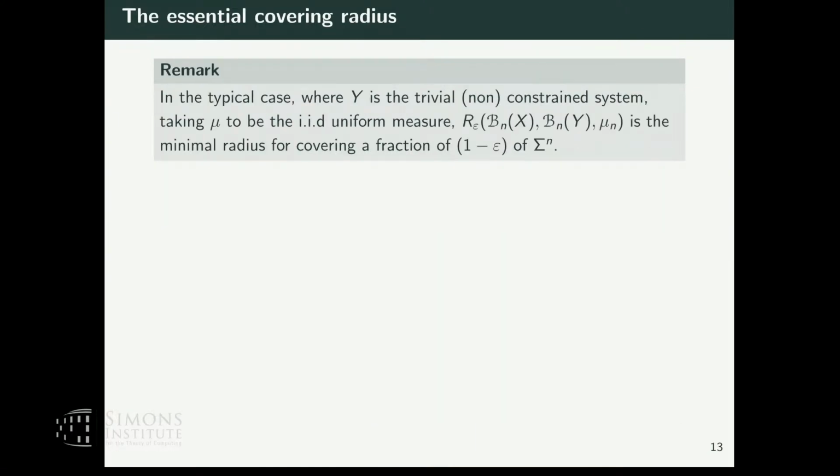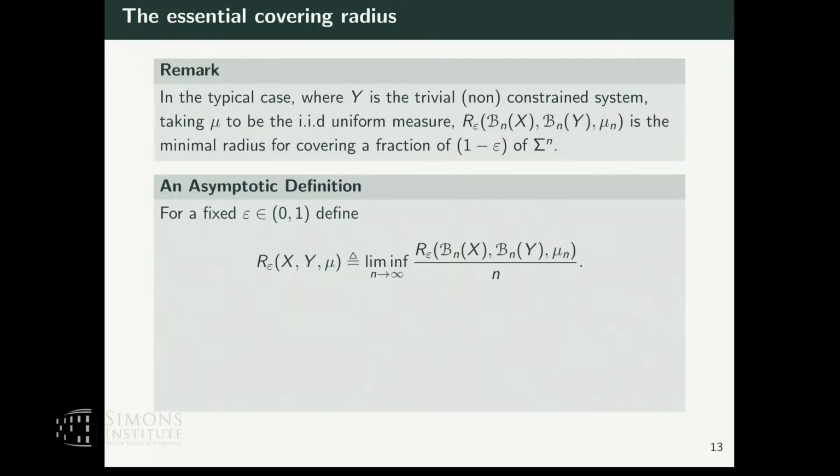We would typically take y to be the entire space, and we would typically take this measure to be the uniform measure over the entire space. Then the measure that I mentioned before is just counting how many of the strings of the space we're covering. So we are aiming to cover a 1 minus epsilon fraction of the entire space. Once we do this, we get the same definitions as before.